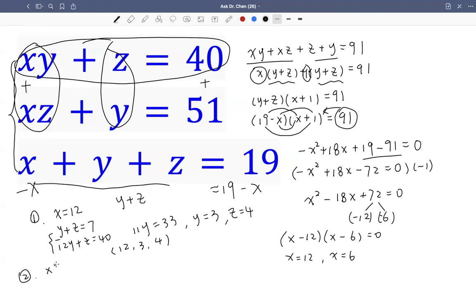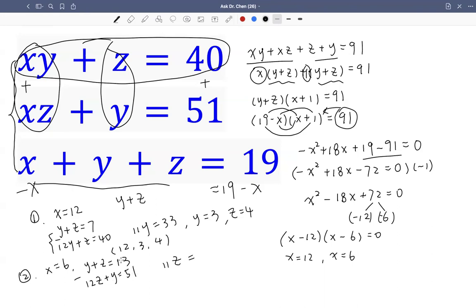Second, x can be 6. If x is 6, y plus z is 19 minus 6, which is 13. Now we can use the first equation or second equation, doesn't matter. Let's use the second equation. So I have 12z plus y equals 51, right? We subtract the two equations, 12z minus z, we get 11z, y minus y becomes 0.